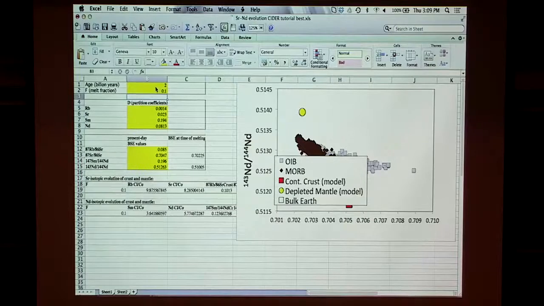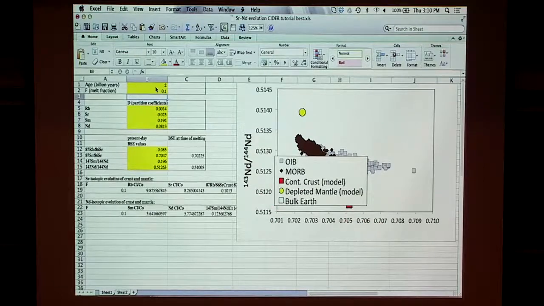I'm thinking of rubidium and strontium in continental crust compared to rubidium and strontium in DMM. It is probably more than 100. So what dominates this is the degree to which rubidium and strontium fractionate compared to the degree to which samarium and neodymium fractionate. Yes, close to 100.